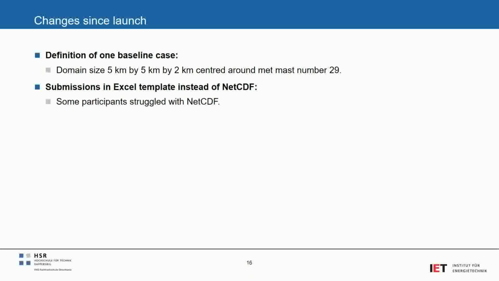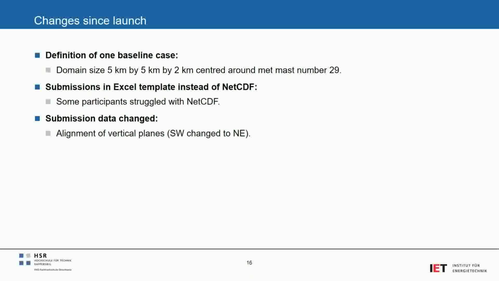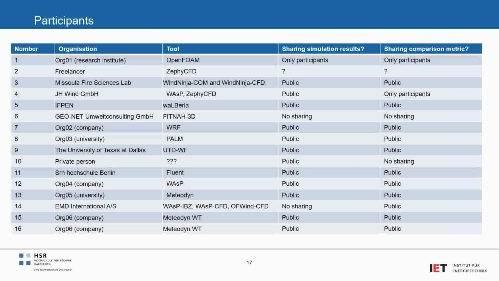We were using the NetCDF format for submissions, but we have got quite a few registrations from industry partners, and it seemed quite difficult with NetCDF, so we've gone back to good old Excel. We've also changed slightly the alignment of the vertical planes. The website is always up to date, but the launch presentation doesn't include these changes. So please always look at the website to get the most up-to-date version. And then these are the registrations we've had so far.